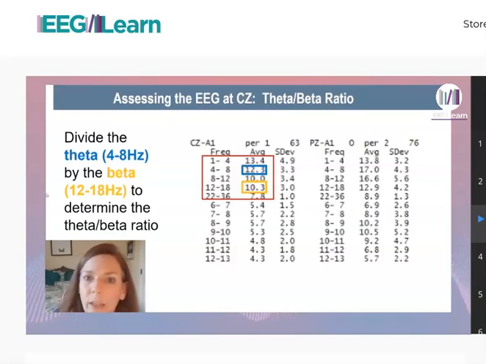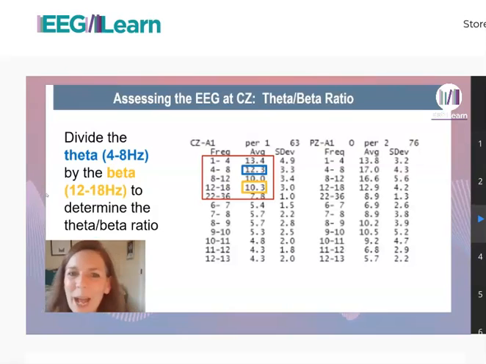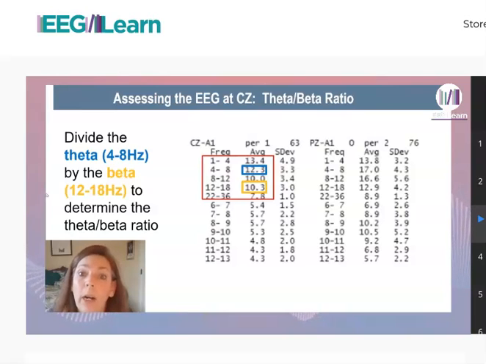So average stands for average amplitude of that column. And then you divide that theta amplitude by their 12 to 18 hertz amplitude, which in this example is 10.3. Now, I'm not great at math, but I know that's 1.2. Okay, so no matter how old this person is, that is a low or a suppressed theta to beta ratio.